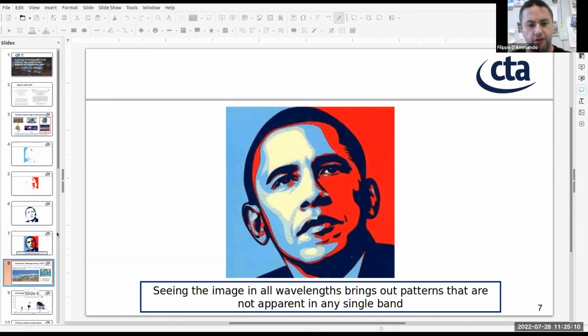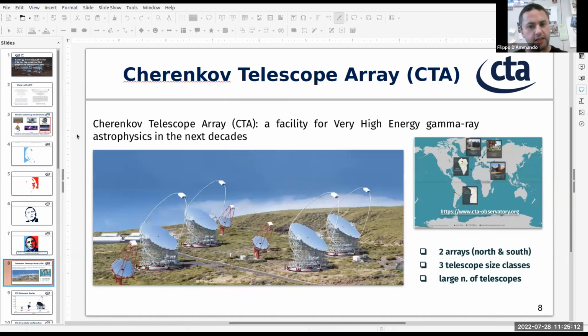So just a few words about the Cherenkov Telescope Array. That is a facility for very high energy gamma-ray astrophysics in the next decades, with two arrays, one in the north and one in the south hemisphere, at La Palma and at Paranal, just 10 kilometers from the ESO, with different classes of telescopes.